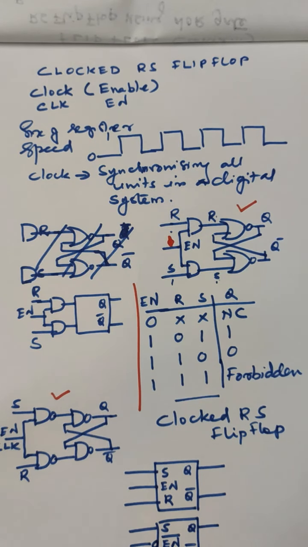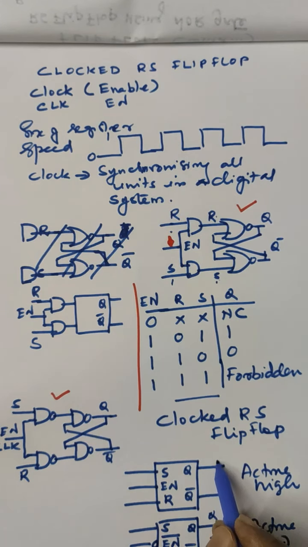So these are the block diagrams of the clocked RS flip-flop, active high and active low, with outputs Q and Q bar. I have written it like this here.